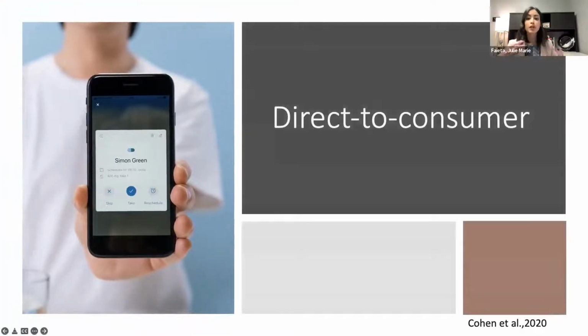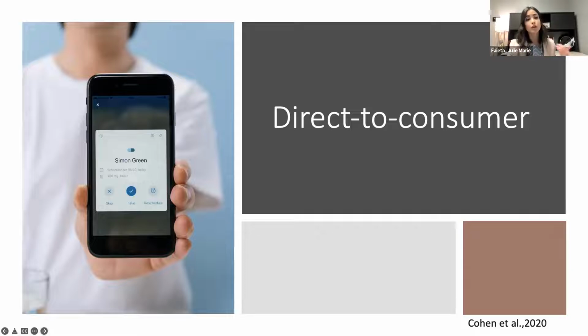So then one of the big pros of mHealth is that they're direct to consumer. We don't face many of the barriers in attaining them. And that can make this a really widespread or more equitable form of healthcare, or at least health support. So that's one of the pros.